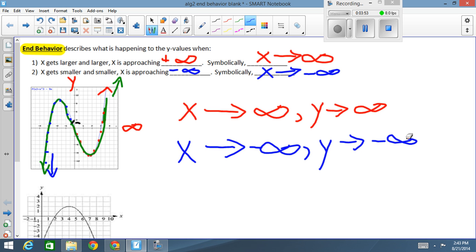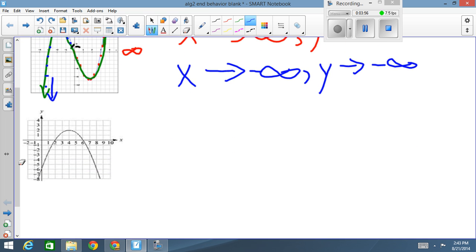Let's look at another example. Okay, so here's my function. My function looks like this. Even though there's not arrows down there, we're going to assume that it's going that way. Let's start by looking at x approaching infinity. So right about here is the middle of my function.